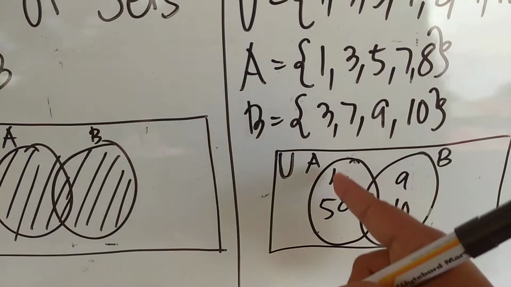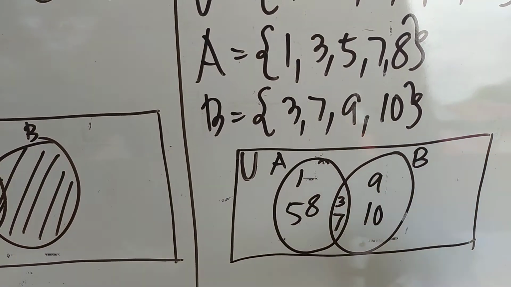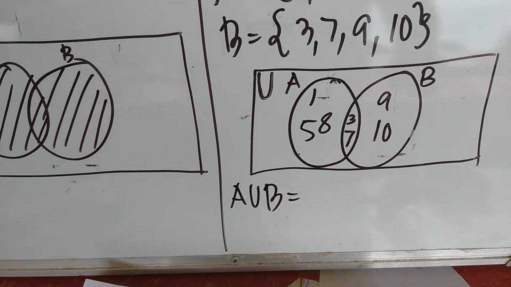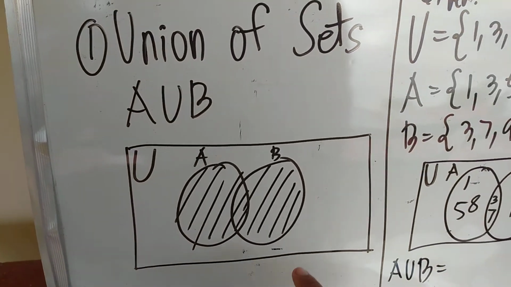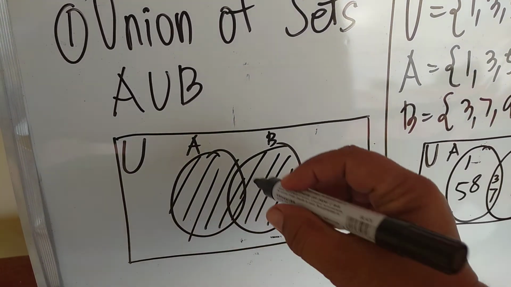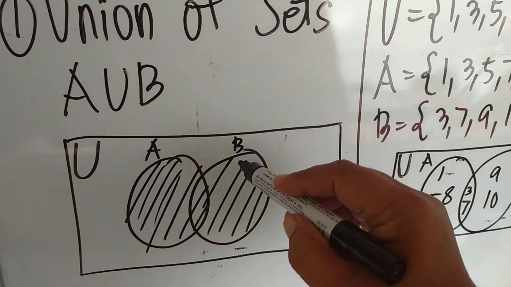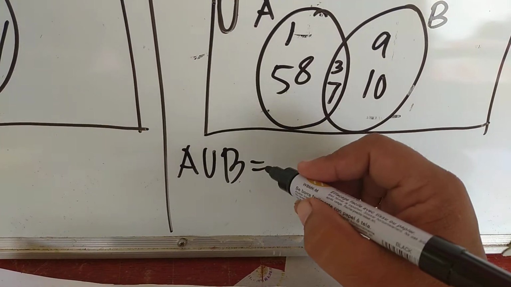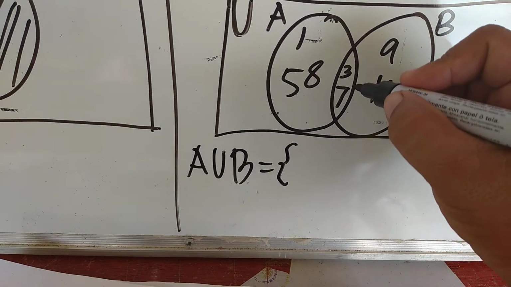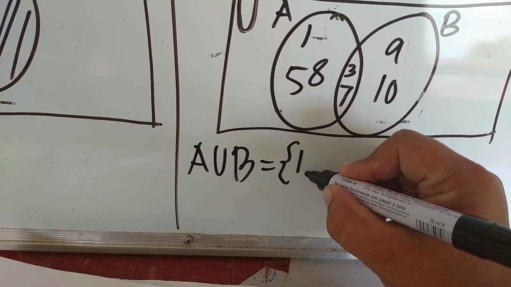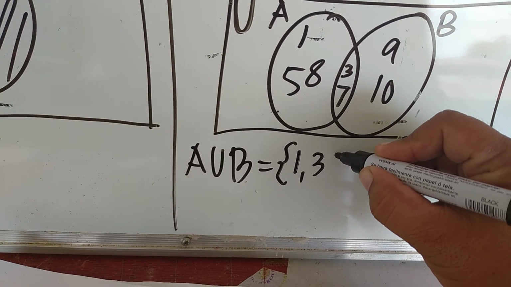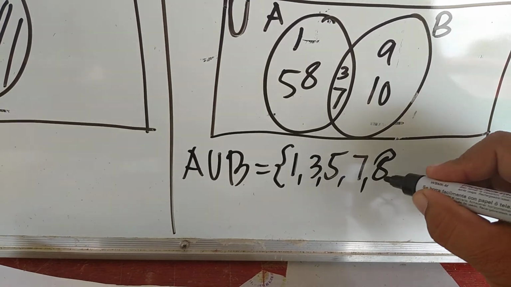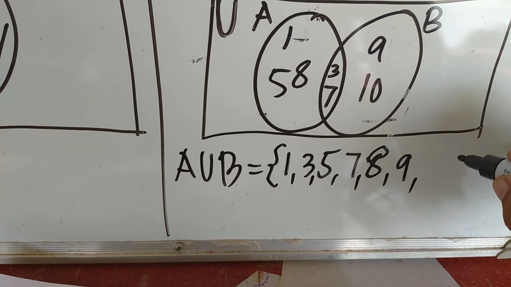So if we are going to find A union B, based on the illustration given here, all elements contained in A and B is A union B. So meaning A union B contains the elements 1, 3, 5, 7, 8, 9, and 10.